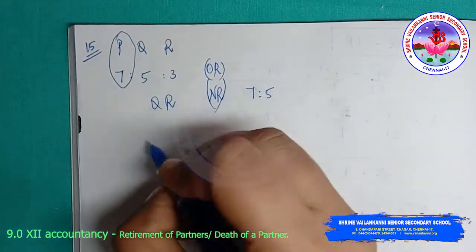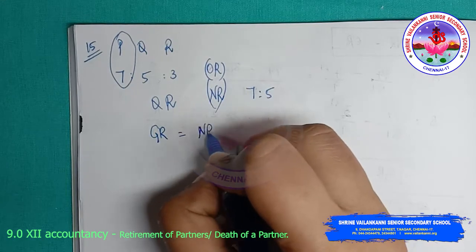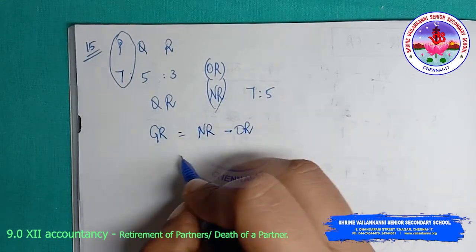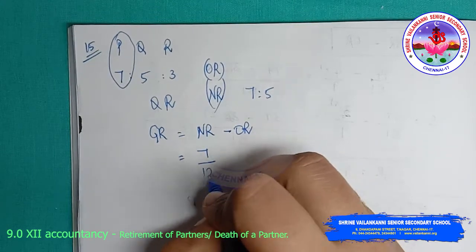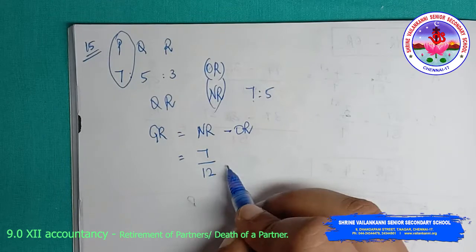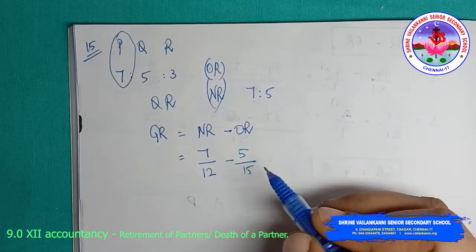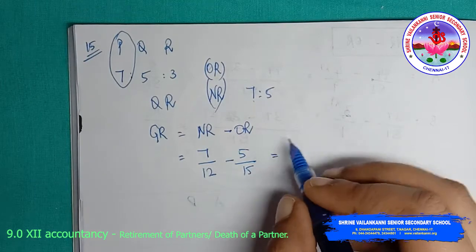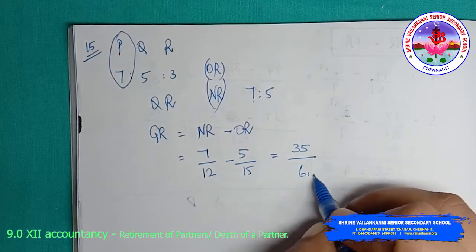Now what is the gaining ratio? Gaining ratio, I told you, is new ratio minus old ratio. Q's new ratio will be 7/12 minus old ratio 5/15.